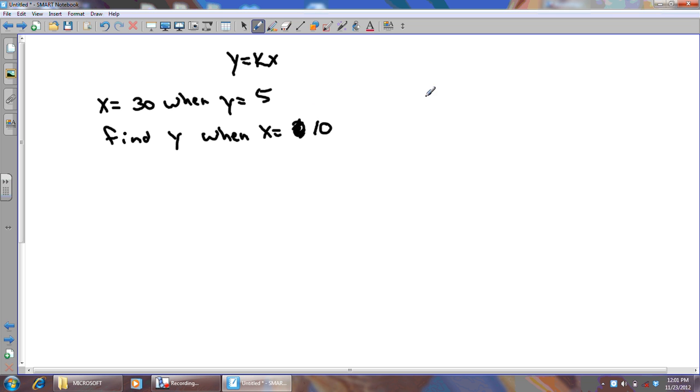Okay, so first thing I'm doing, I'm going to use this first information to find k. So I'm going to go 5 equals k times 30, right? I'll divide by 30 to get that k is going to equal 1/6.